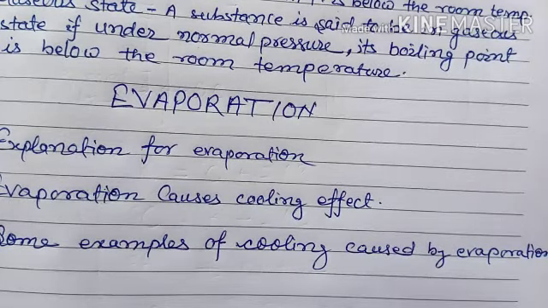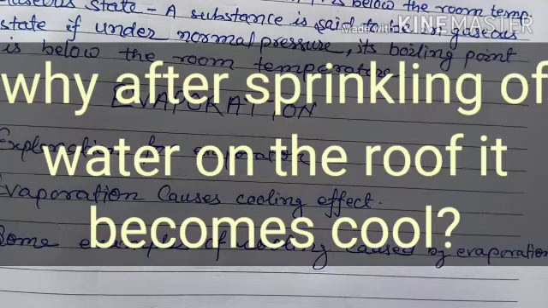During summer, students, when we sprinkle water on an open surface like an open roof or ground, the water gets evaporated by absorbing heat from the surface, resulting in cooling of these surfaces.